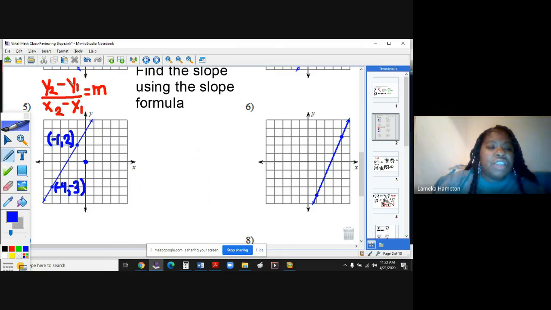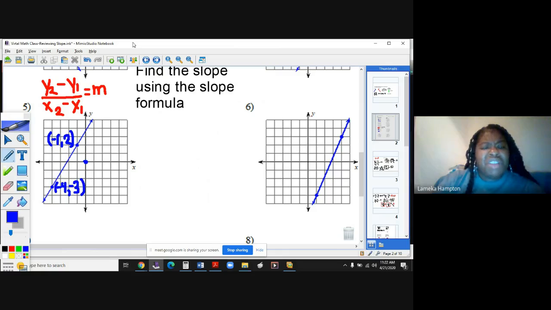Remember, this is the formula that we use up here: m = (y2 - y1) / (x2 - x1). I don't know why M is slope. They should have used S. I'm not Dr. Hampton. I don't know. But what I do know is now I can name my numbers or assign my coordinates. I get this question all the time: Miss Hampton, does it matter which coordinate is first?